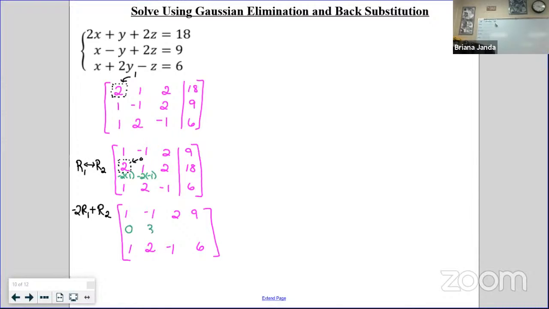Plus 1 is 3. Take negative 2 times row 1. We get negative 4. Negative 4 plus 2 is negative 2. And negative 2 times 9 is negative 18, plus 18 is 0.